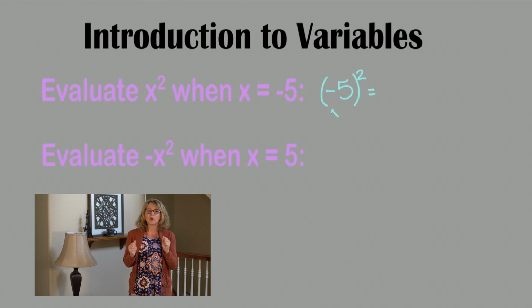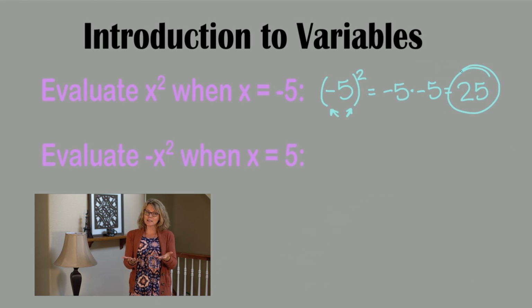So please put the -5 in parentheses so that I know that the -5 is squared. Another way to look at this is that x squared is x times x, so I put a -5 in both places. Either way you slice it, I have -5 times -5, which equals a positive 25.